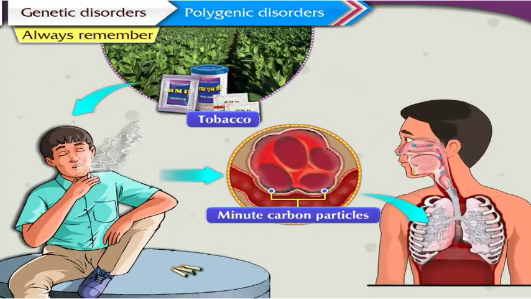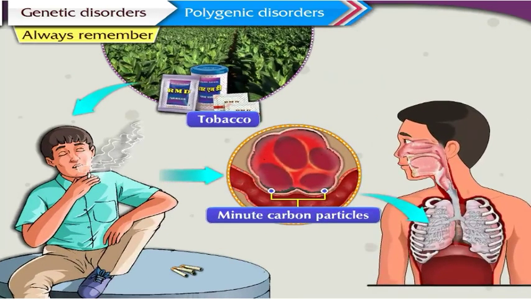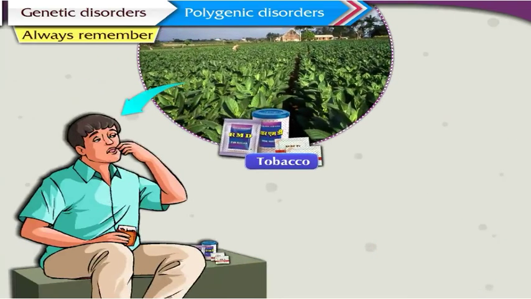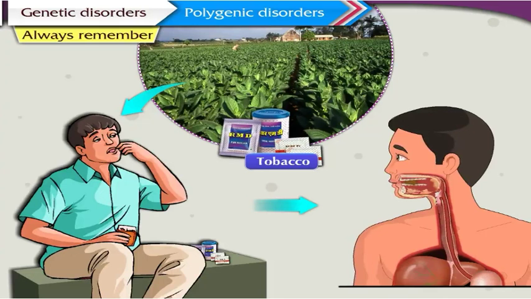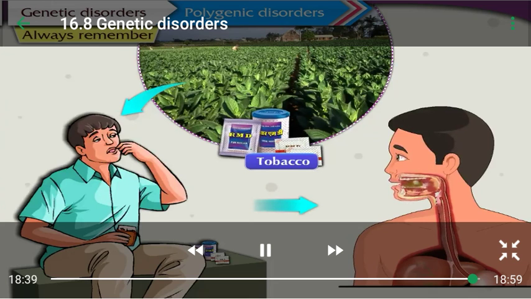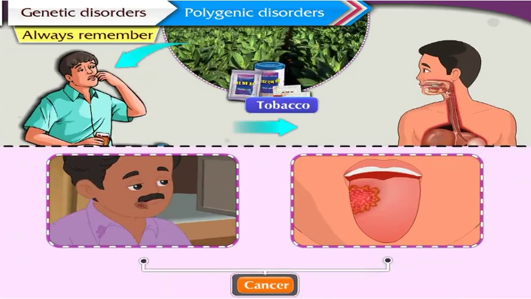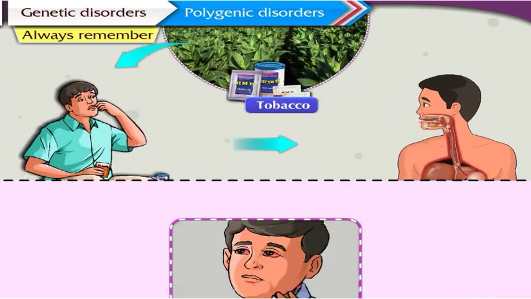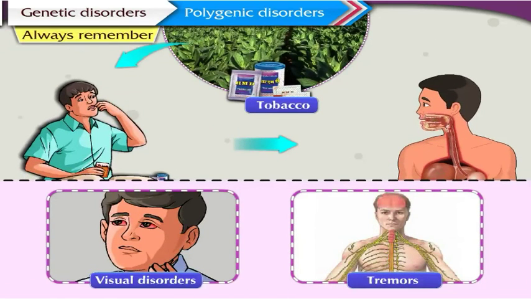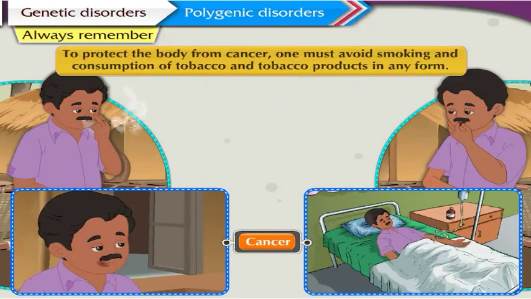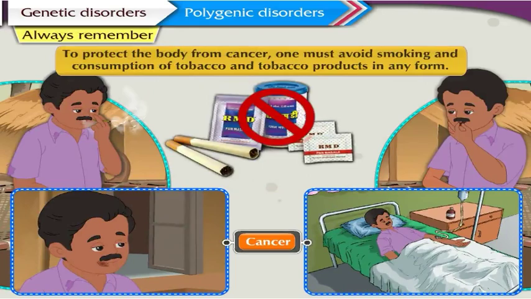Due to this, the healthy tissue of the lung transforms into thickened black tissue which causes cancer. While chewing tobacco or tobacco products, much of the extract is absorbed in the body. Excessive tobacco consumption may cause cancer of lips and tongue, visual disorders or tremors. To protect the body from cancer, one must avoid smoking and consumption of tobacco and tobacco products in any form.